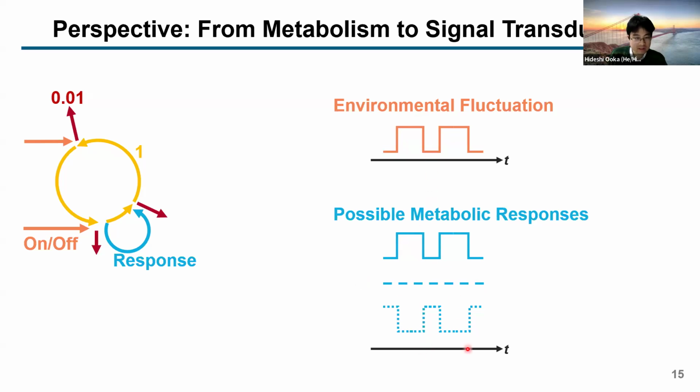And also, you could imagine an opposite scenario where you save for a rainy day. So you turn on autocatalysis as soon as the supply is gone, and then when the supply is back, you become lazy and turn off autocatalysis. There are several possibilities of metabolic responses, and based on numerical simulations, we can see which one is better.